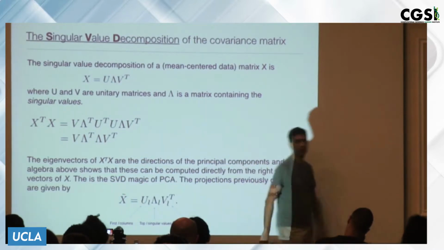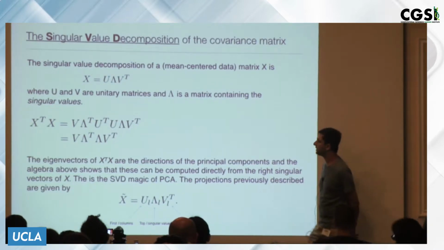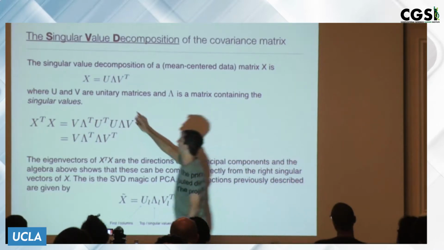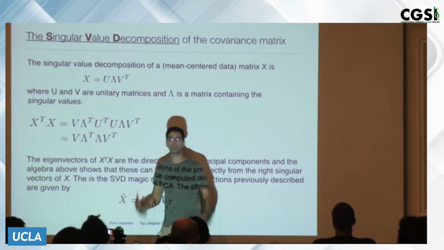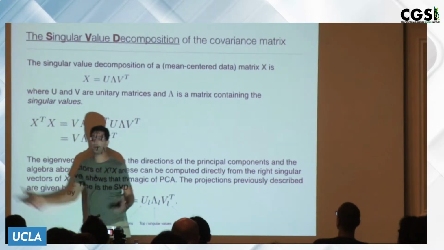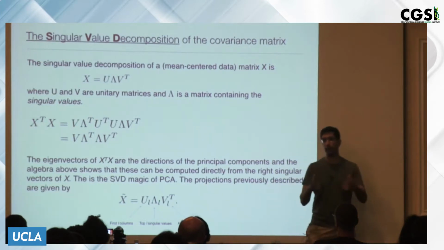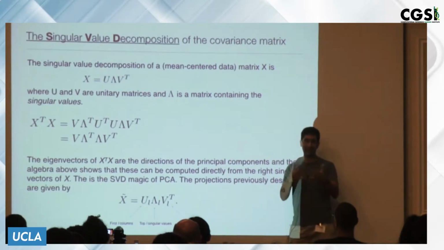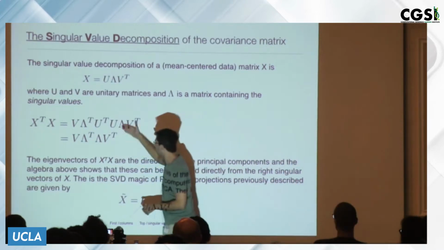I'm not going to teach you singular value decomposition today, but it's very easy to see that this matrix of singular vectors gives you the eigenvectors for what's called the covariance matrix. And this relationship is what actually makes SVD work for PCA. It's like a one-line derivation.